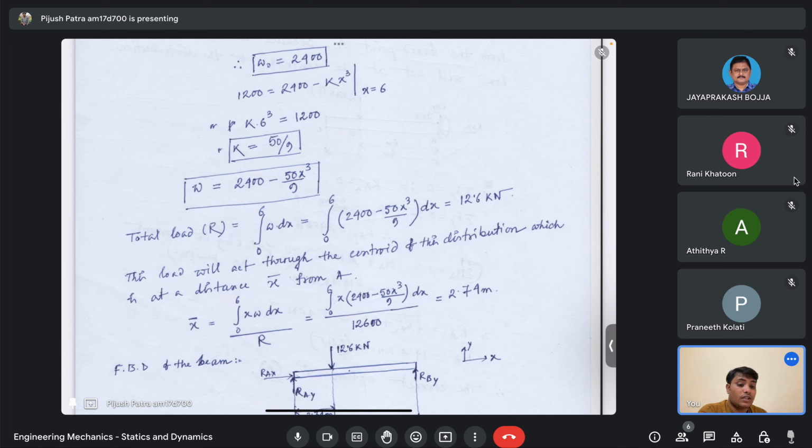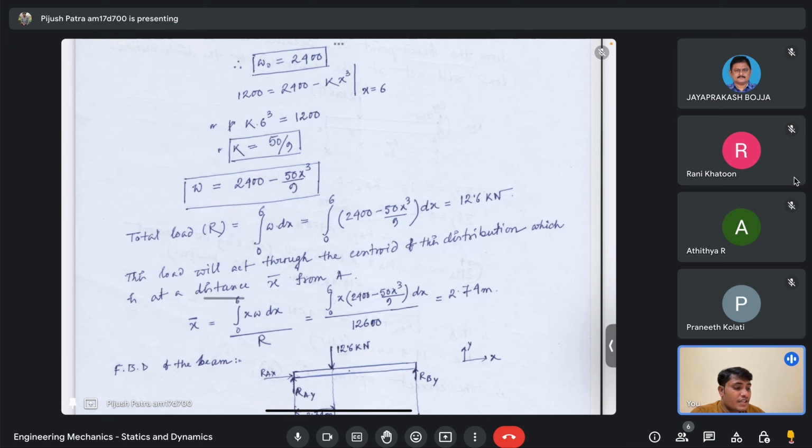W dx is the load at some location x. Now you take the moment of that, x W dx, about some point. It's basically like the centroid of an area, in the same way.